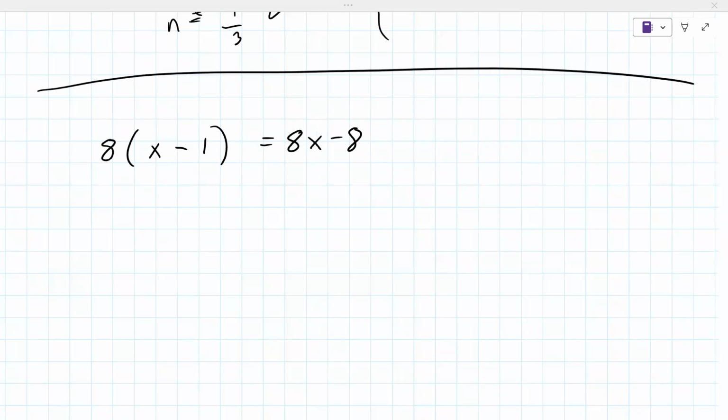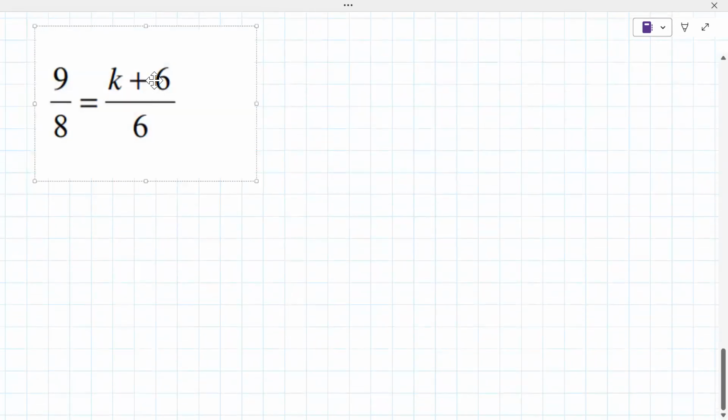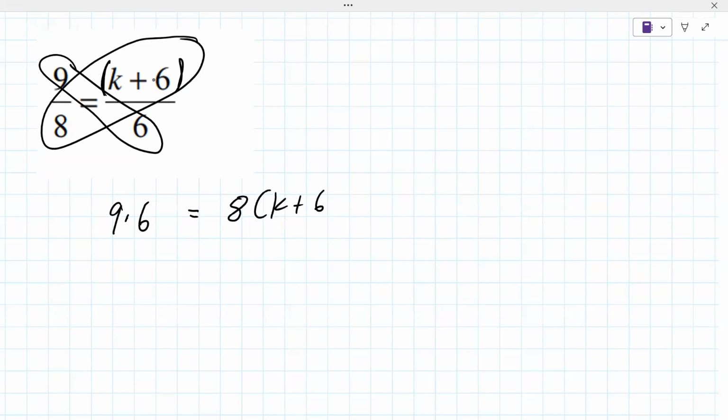When you multiply diagonally, 9 times 6 is 9 times 6, no big deal. But this k plus 6 is really in parentheses. So when you cross multiply, it's 8 times parentheses k plus 6, which means you have to distribute that 8 in. So it becomes 8k plus 48.